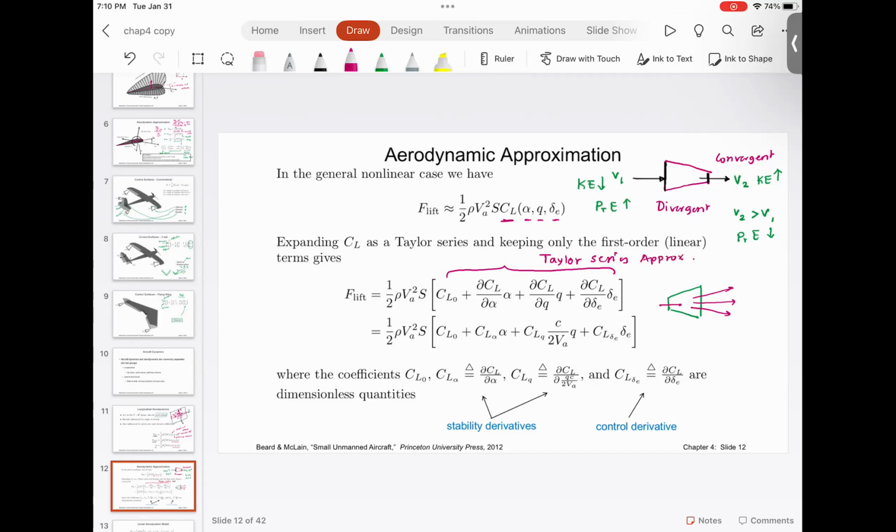And this approximation works very well for MAVs or small scale UAVs. You have the first coefficient of the Taylor series, CL naught, which is the constant in the Taylor series expansion. So you write down the expression of lift as the first order Taylor series expansion, and the only difference is you want it to be dimensionless.